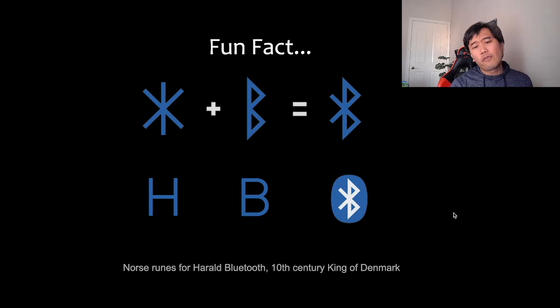Just a fun fact, the Bluetooth symbol, the one on the right side, is a combination of the Norse runes alphabet, H and B, corresponding to Harald Bluetooth, who was a 10th century king of Denmark.